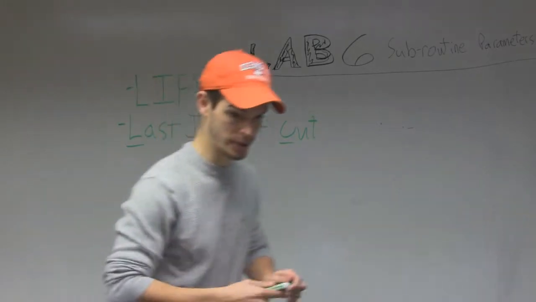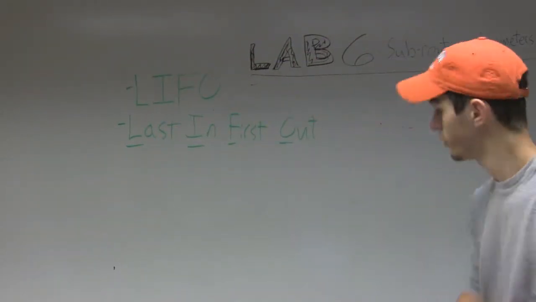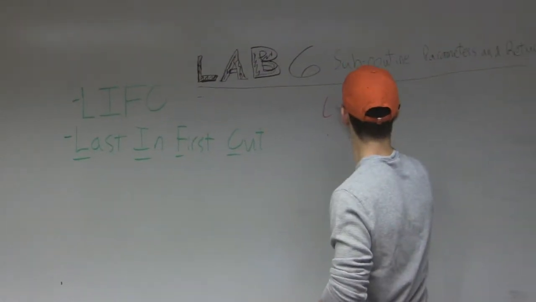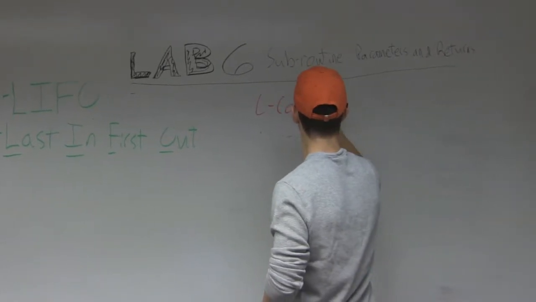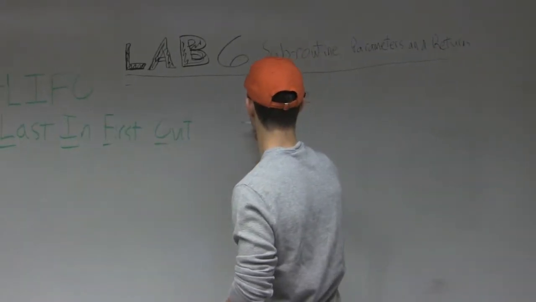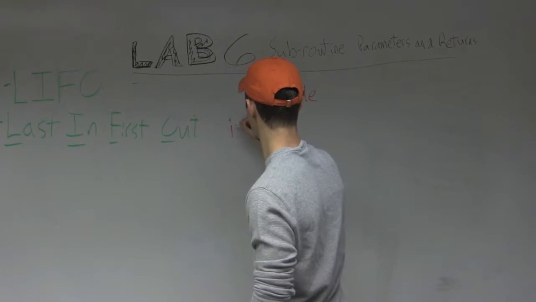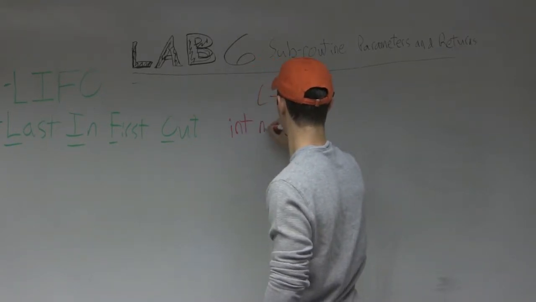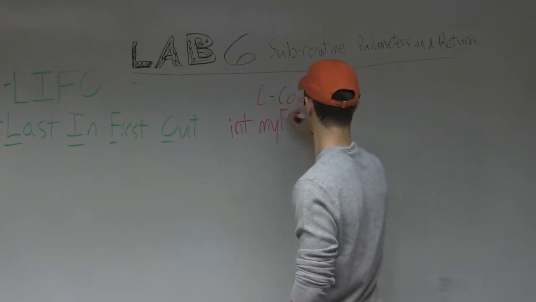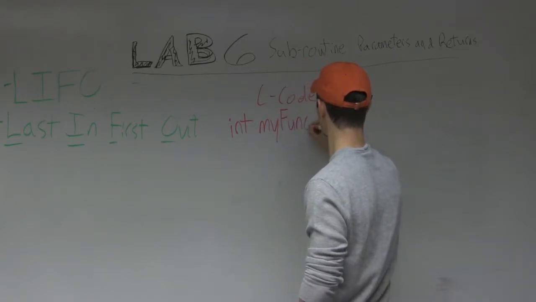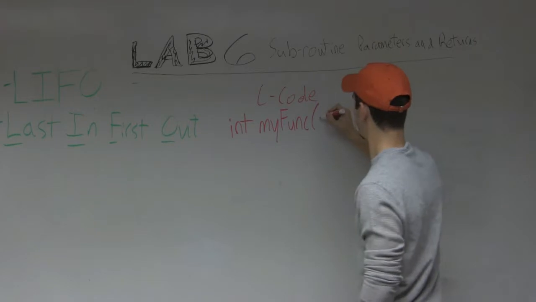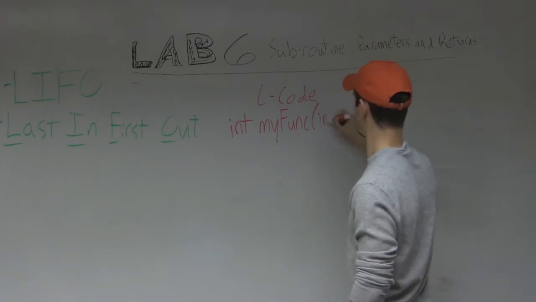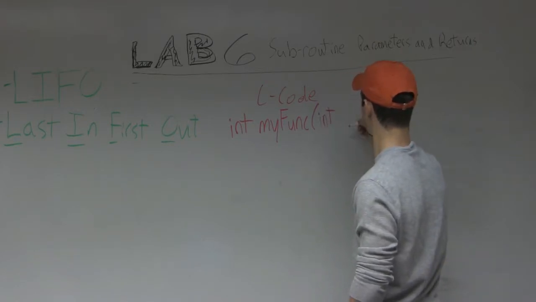So for example, we can take a look at this C code. Let's say we have some function that returns an integer value. We can call it myfunc. And let's say that it has integer valued arguments.